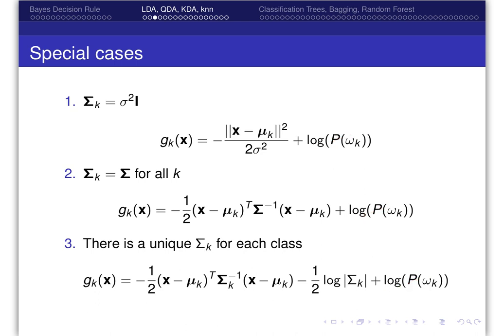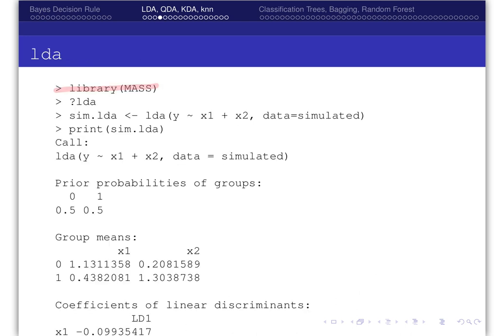In practice, we do not know the parameters of the Gaussian distribution, and so we estimate them using our training data. The MASS R package includes the function lda for linear discriminant analysis. Applying the lda function to our simulated data frame that includes two predictors, x1 and x2, and the binary outcome y, we use the familiar formula where y is modeled by the sum of the predictors, and we indicate the name of our data frame.